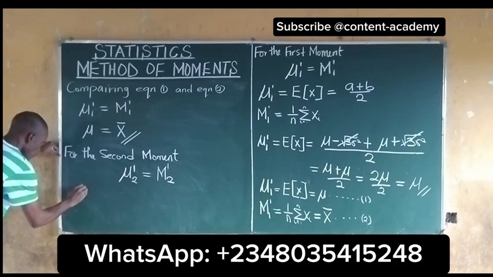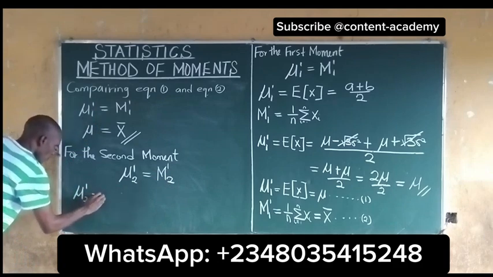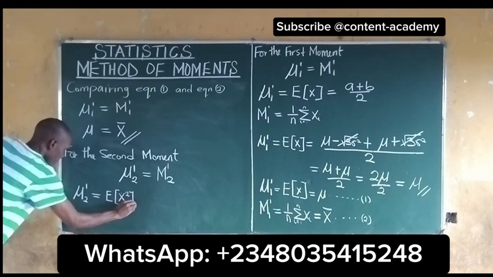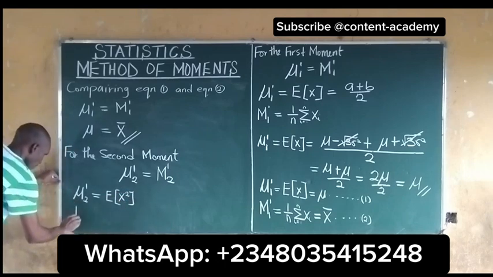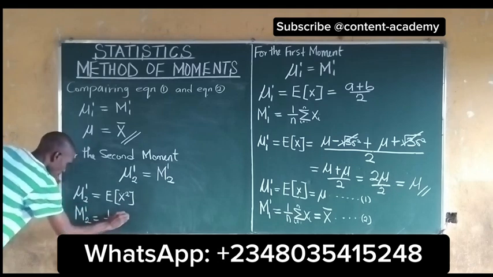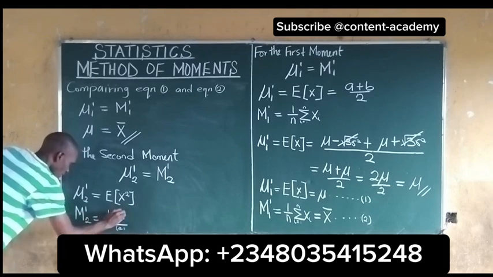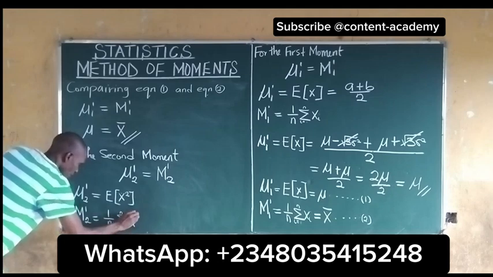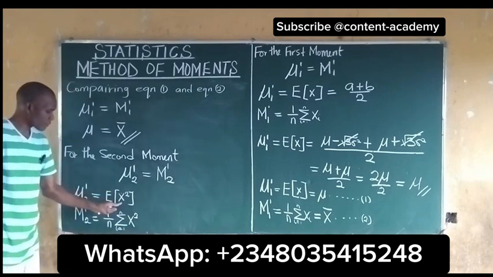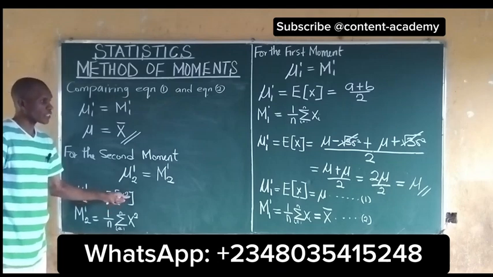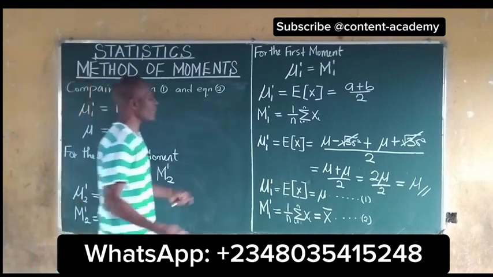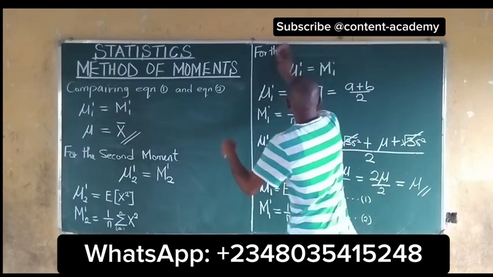Also, our population mean is equal to the expected value of x squared, and our sample mean is equal to 1 all over n, summation as i running from 1 to n of x squared. Now, how do we obtain the expected value of x squared? We'll move over to this side of the board to show how we can obtain it.